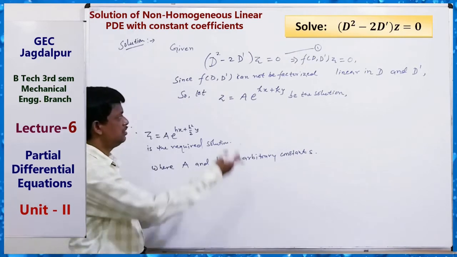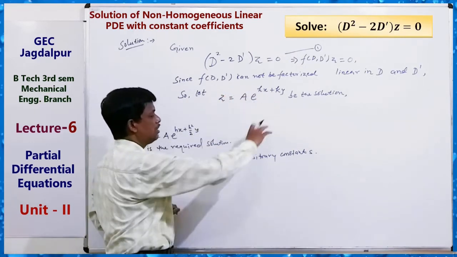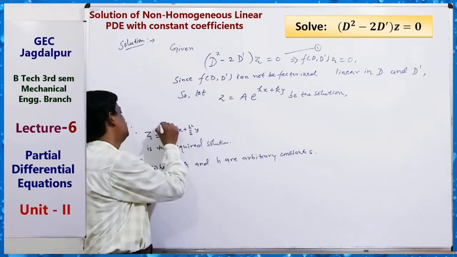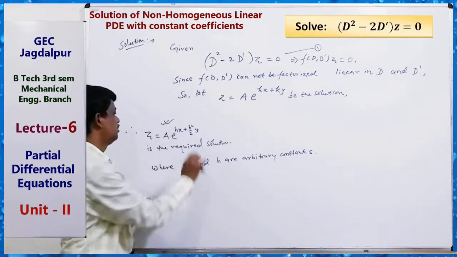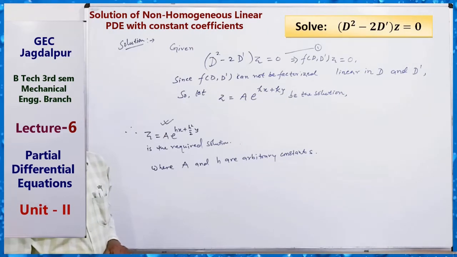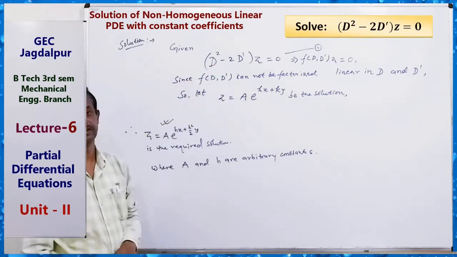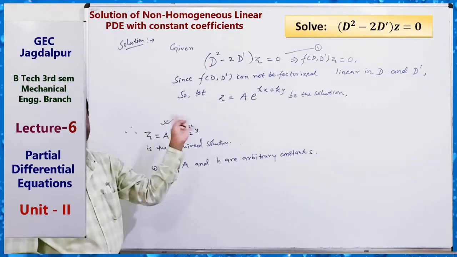That is, these two h and k are related by some equation, and this type of format will be the CF corresponding to this factor which cannot be factorized.